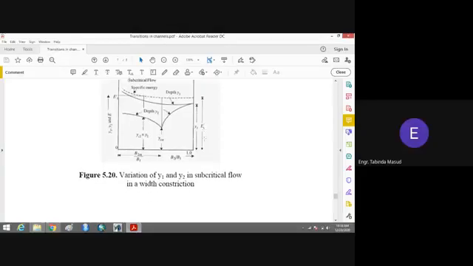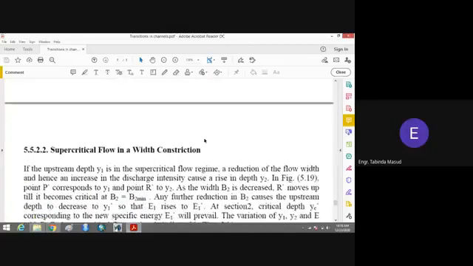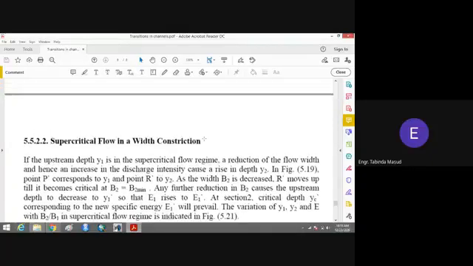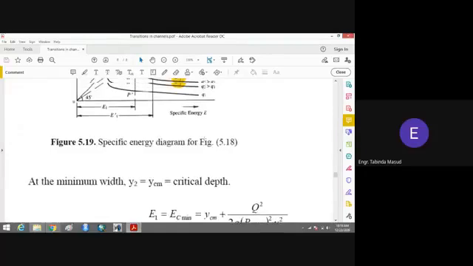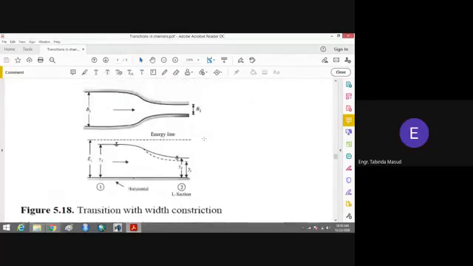Okay, and now we have the last case, the supercritical flow. In the same situation, that will be opposite of the subcritical flow. Let's suppose we assume the same figure and we assume that now it is on a steep slope. Now you can make the figure by yourself.